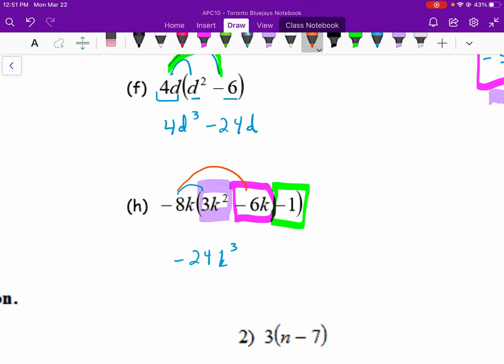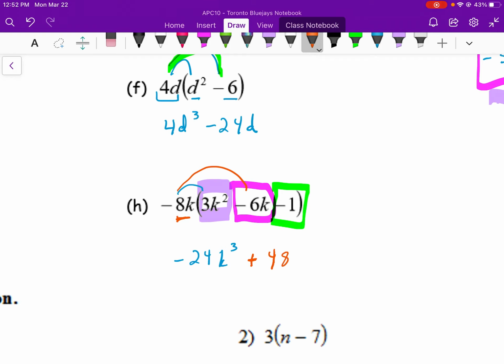Then I have to distribute it to my monomial there. Negative 8k times negative 6k. Well, negative 8 times negative 6, I'm going to multiply the coefficients, and really, that's positive. Yeah, okay, positive 48.